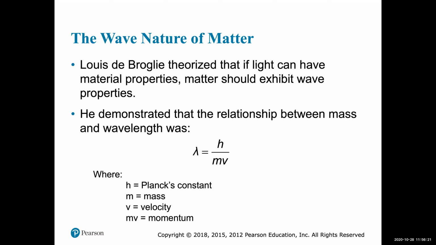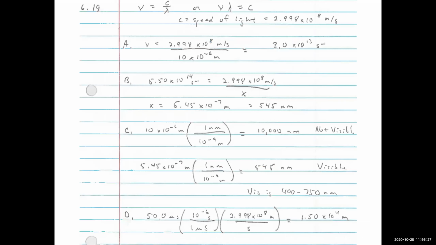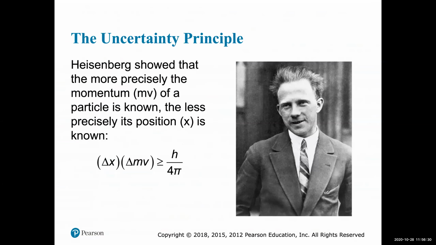So what he's saying is that wavelength is equal to Planck's constant divided by momentum. So that led us to the start of quantum mechanics. And so Heisenberg developed something called the uncertainty principle. The Heisenberg uncertainty principle says that the more precisely you know the momentum of a particle, the less you know about its position.